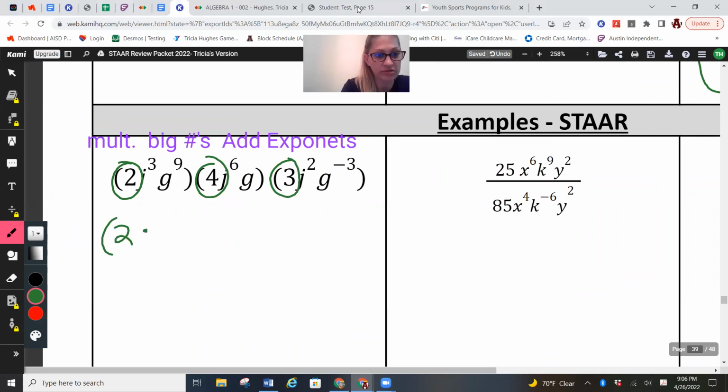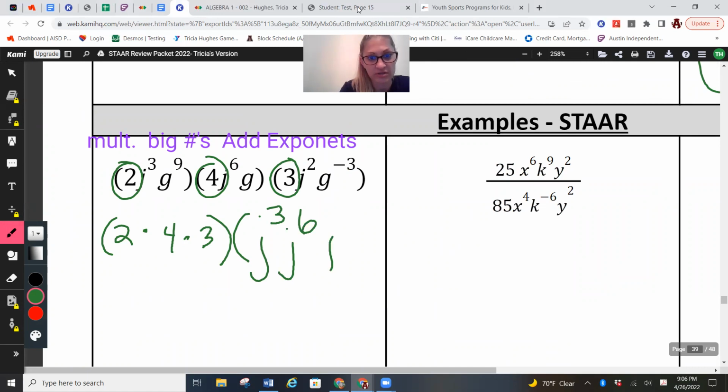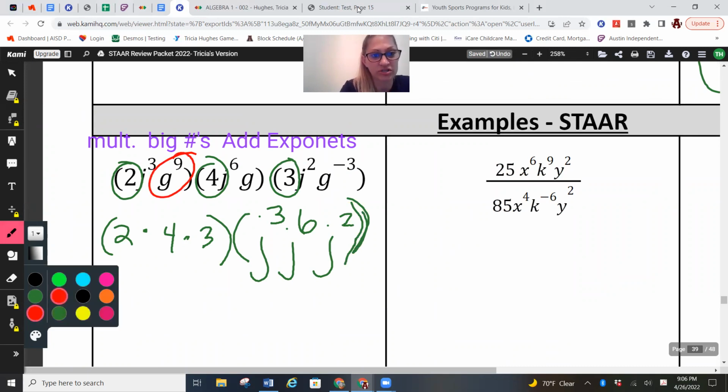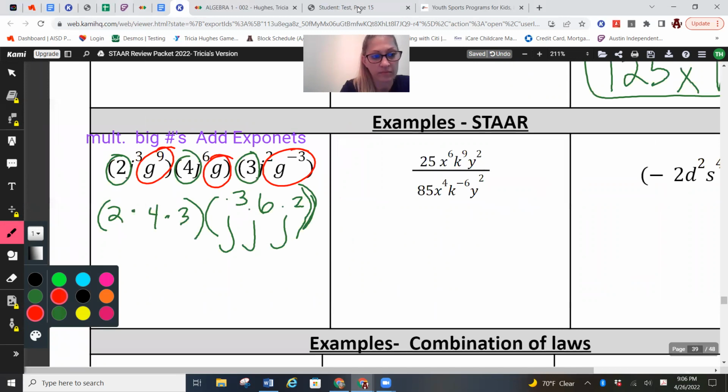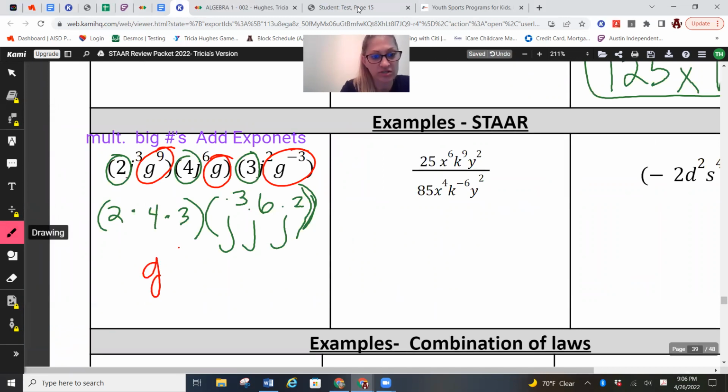What is 2 times 4 times 3? Now let's do J's. J to the 3, J to the 6, J squared. Now go ahead and do your G's. G to the 9, G and G to the negative 3. If you don't have an exponent, make it a 1.